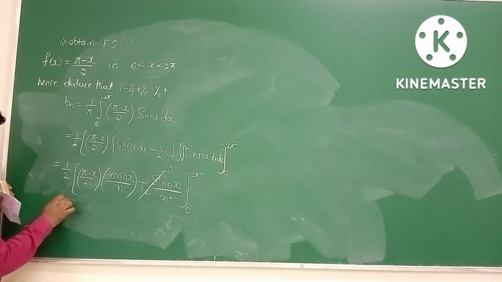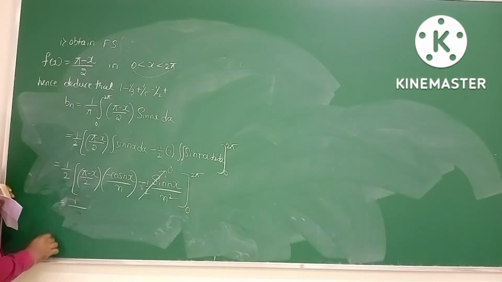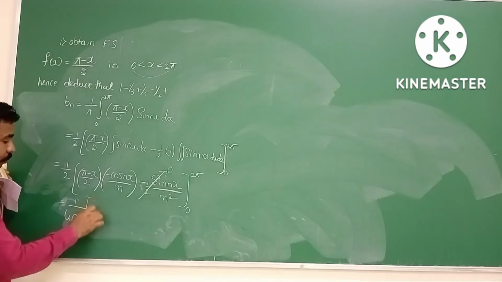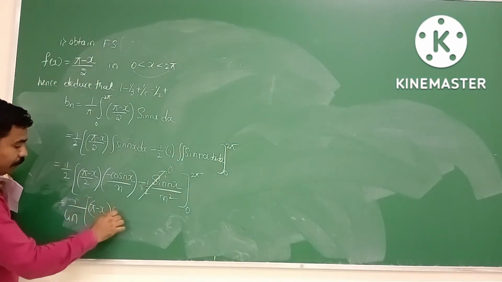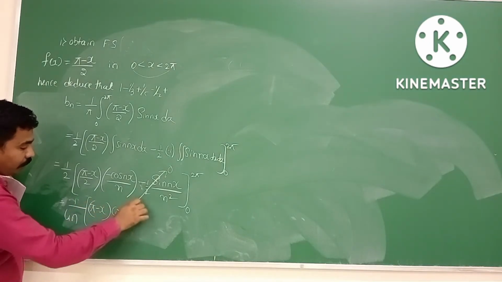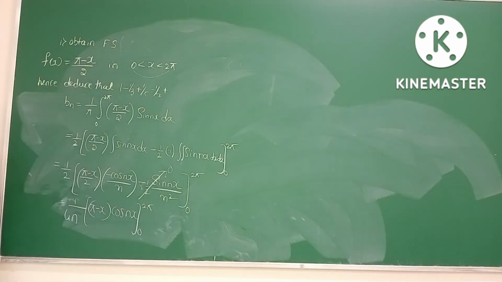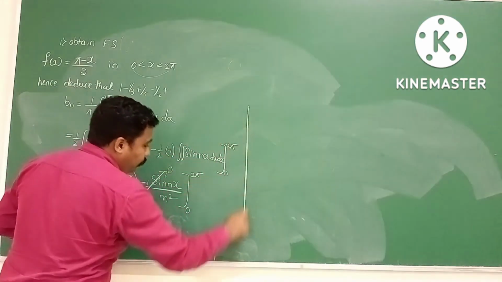Therefore, what are we left with? I will bring the 1 by 4n outside, the minus also I will write outside, and the remaining term is (pi minus x) into cos nx between the limit 0 to 2 pi. So this we have to simplify further.